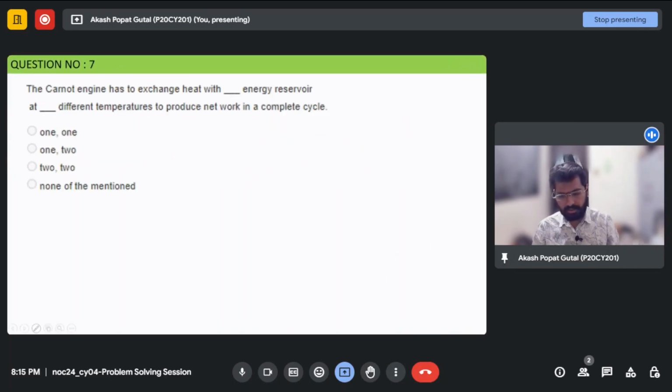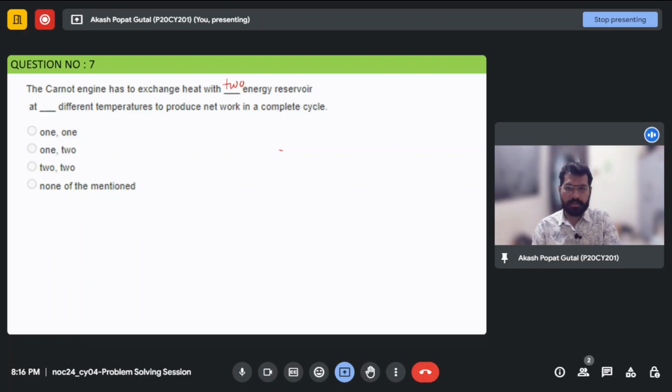So the next question is, the Carnot engine has to exchange heat with dash dash energy reservoir at dash dash different temperatures to produce net work in a complete cycle. The options are 1 1, 1 2, 2 2, none of the mentioned. So the answer should be, the Carnot engine has to exchange heat with two energy reservoirs.